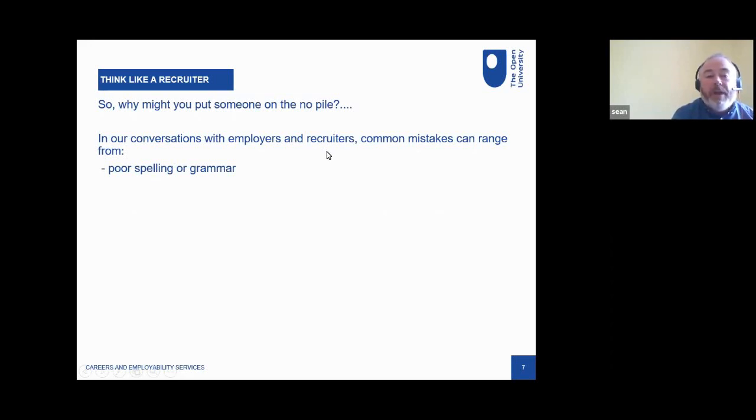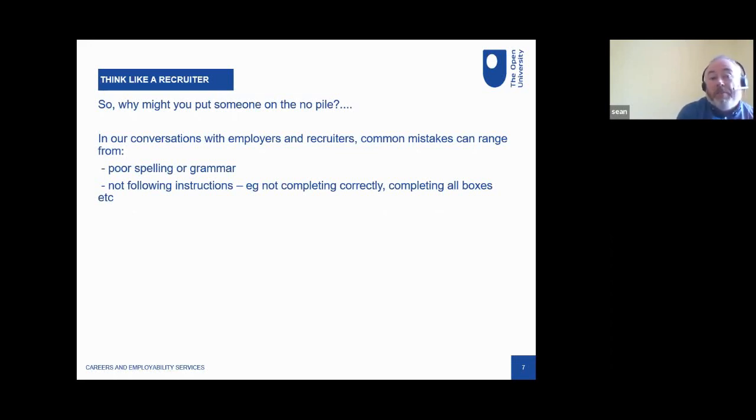When you're doing your overview of the application. Not following instructions should be simple, not completing correctly or not completing all the boxes. If it's a paper and pen one, if it asks for a black pen, make sure you use a black pen. If it asks for block capitals, make sure you use block capitals. If it's an online application, there could be word counts or even character counts.